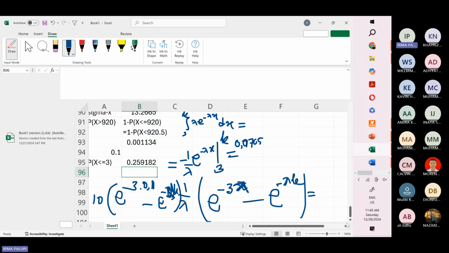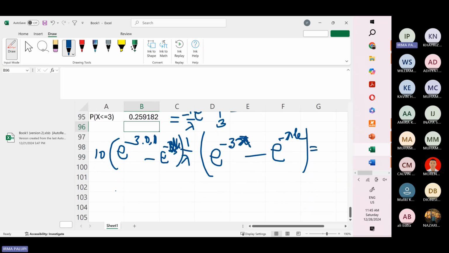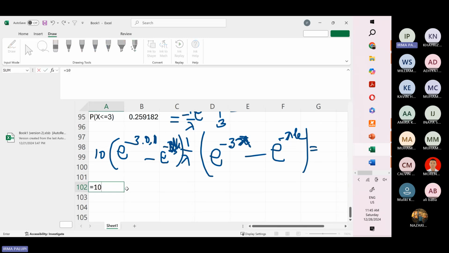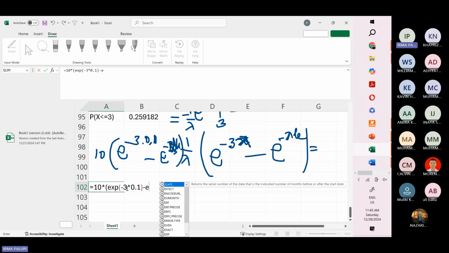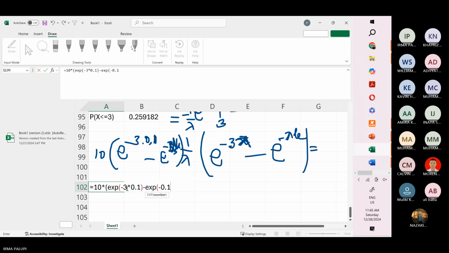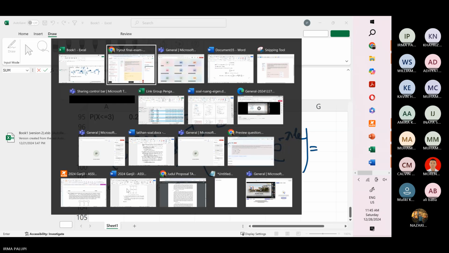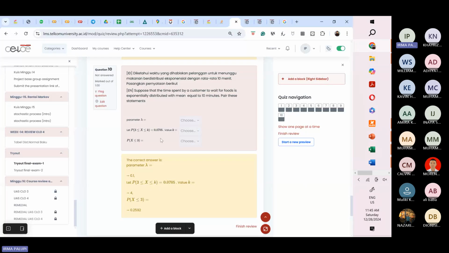So we have this, and you can confirm if this is 10 times the exponent of minus 3 times 0.1, minus the exponent of minus 0.1 times k, 0.076.